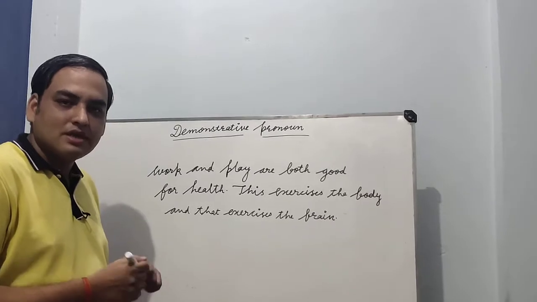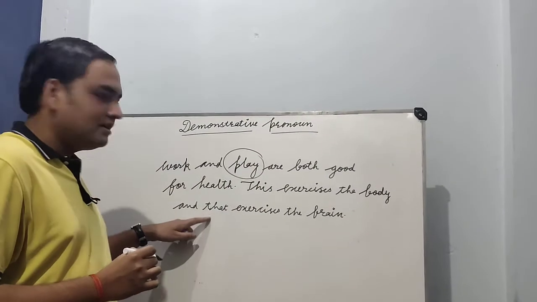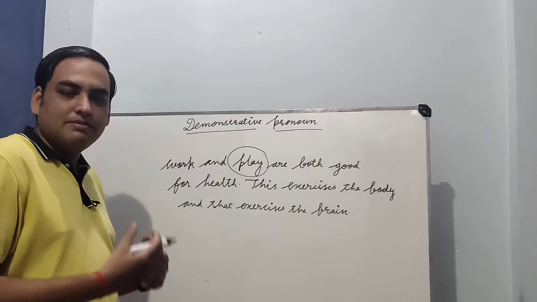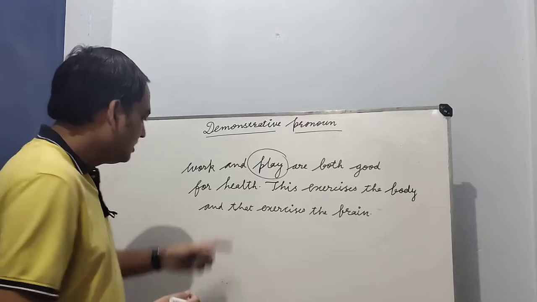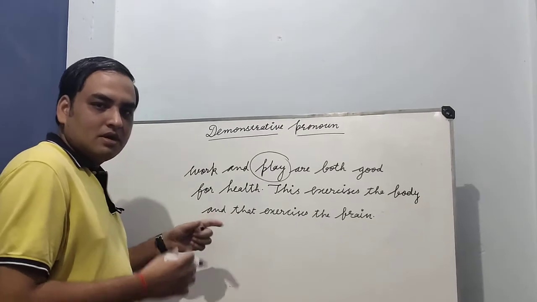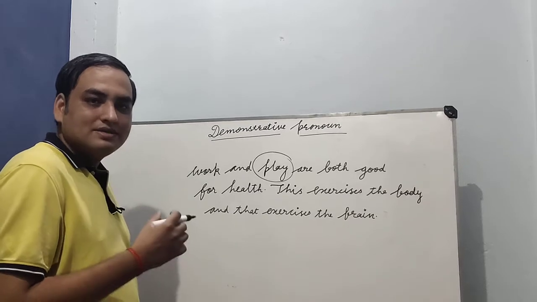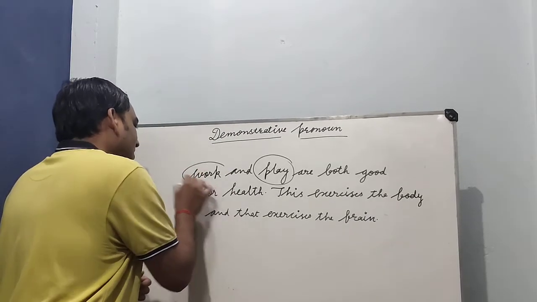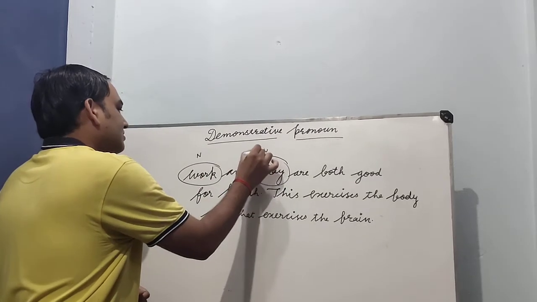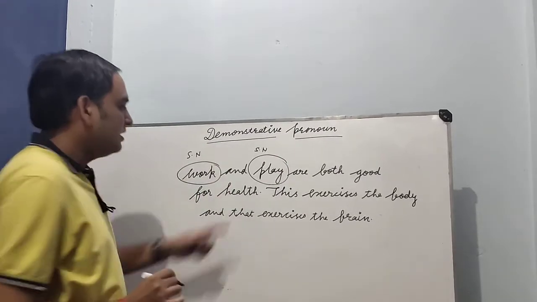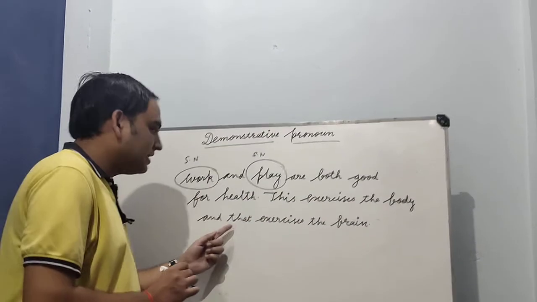What is the nearest noun? Play. And that represents the thing available on the farthest, remote position. What is that noun? Work. So play is represented by this and work is represented by that.